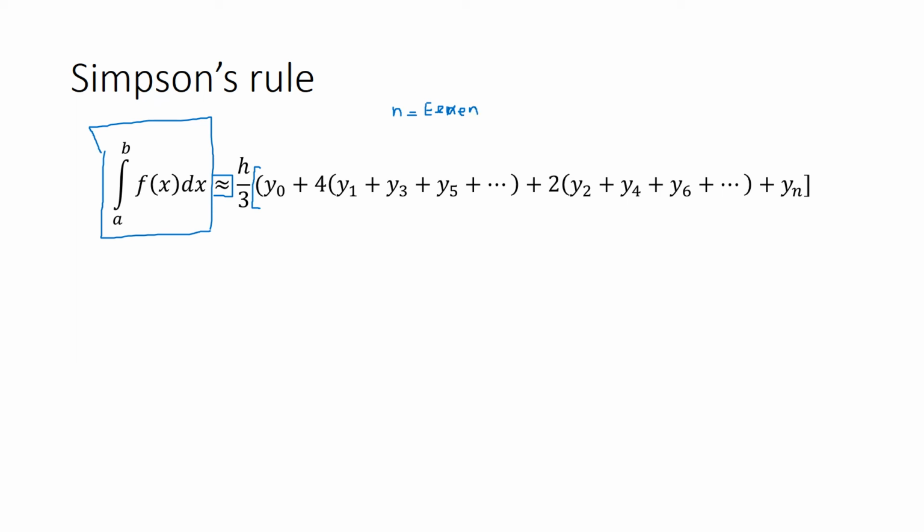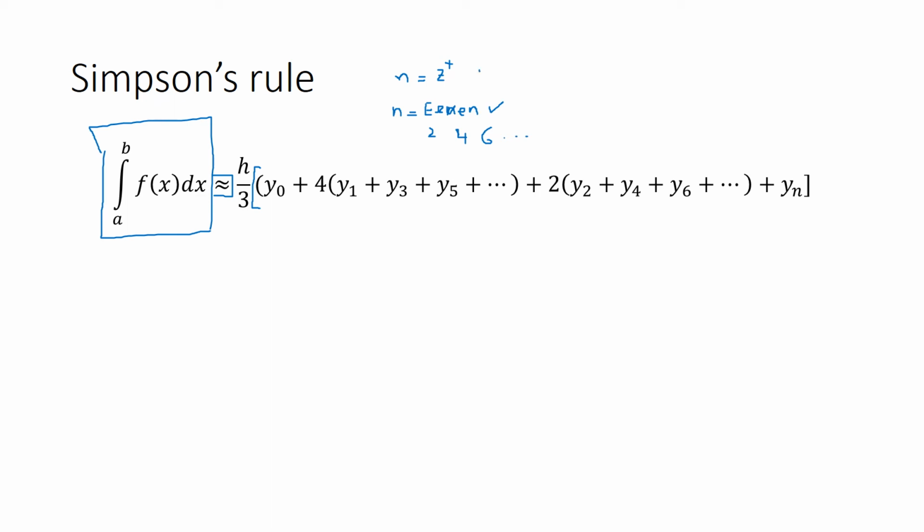In this regard, the trapezium rule was fine. The trapezium rule was taking all positive integers and 0, but here only positive integers. Positive integer means 2, n can be 4, 6 and so on.